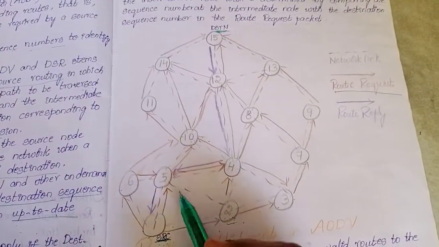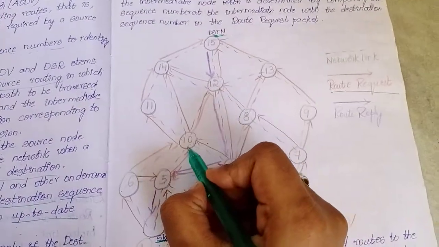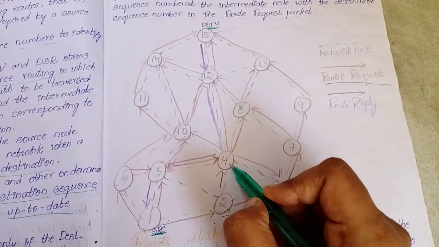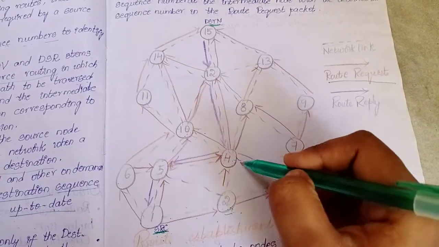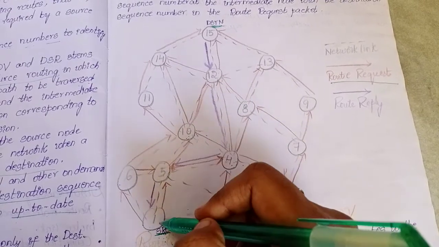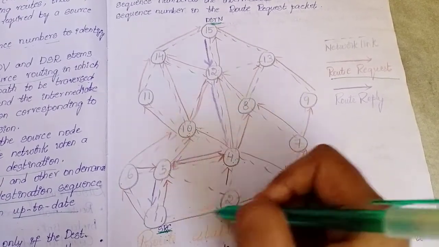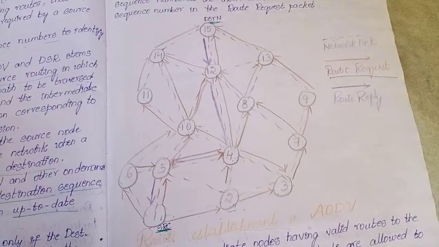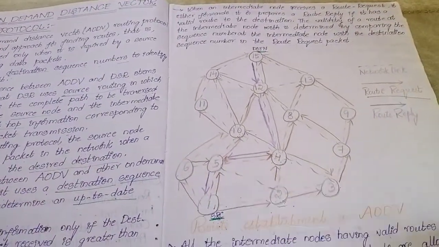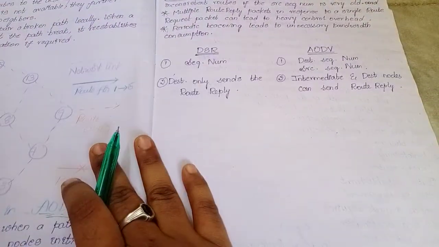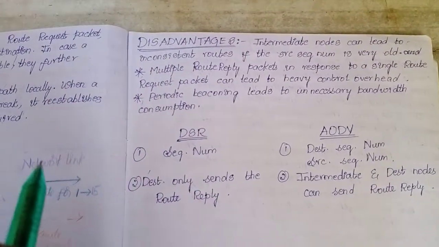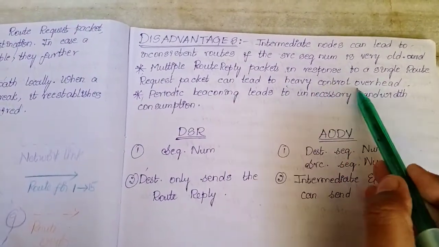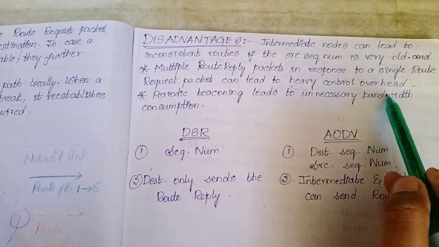For example, if both node 10 and node 4 have a valid route to the destination, then they both will send the route reply packet to node 1, right? So it will create an overhead problem. Both intermediate nodes have sent the route reply packet to the source node at a time. It will be a heavy control overhead.